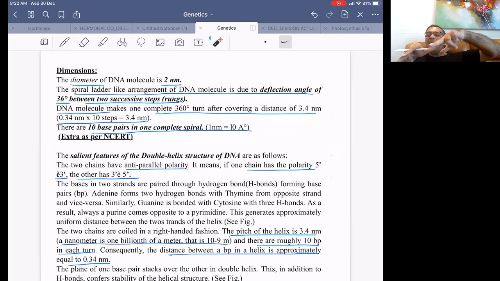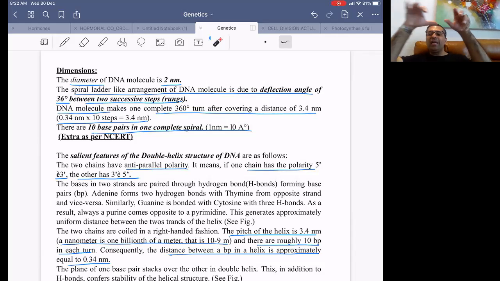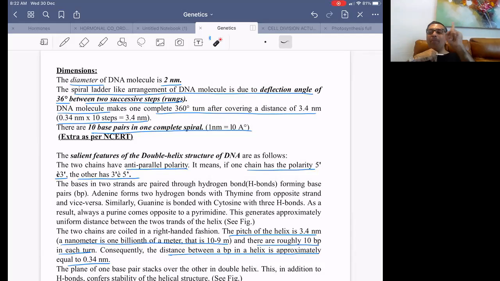Sir, if you remember, how many nucleotide pairs are there in one complete turn? How many wooden steps with flower pots did we climb from the ground floor to the first floor? 10. So 10 wooden steps form one complete cycle or turn. And what is the angle of one turn? 360 degrees. And how many nucleotide pairs are in it? 10 pairs.